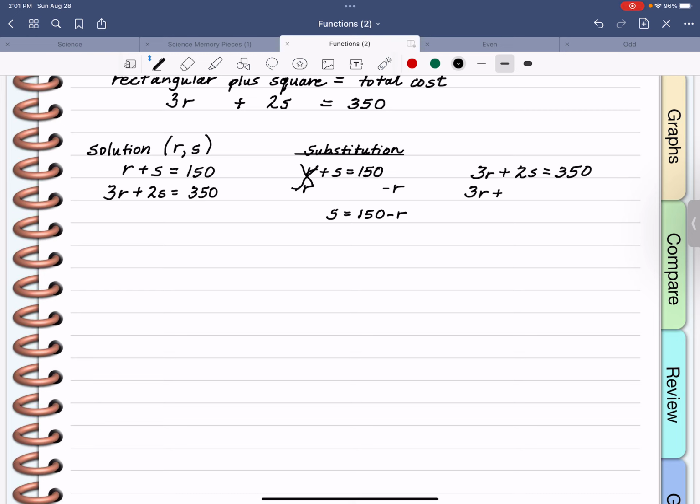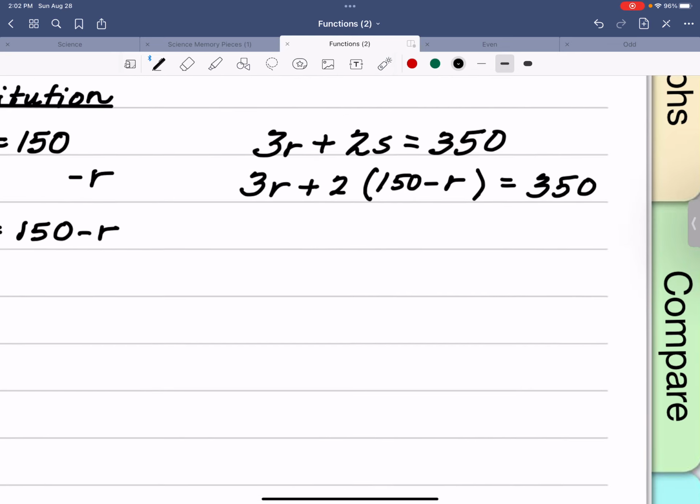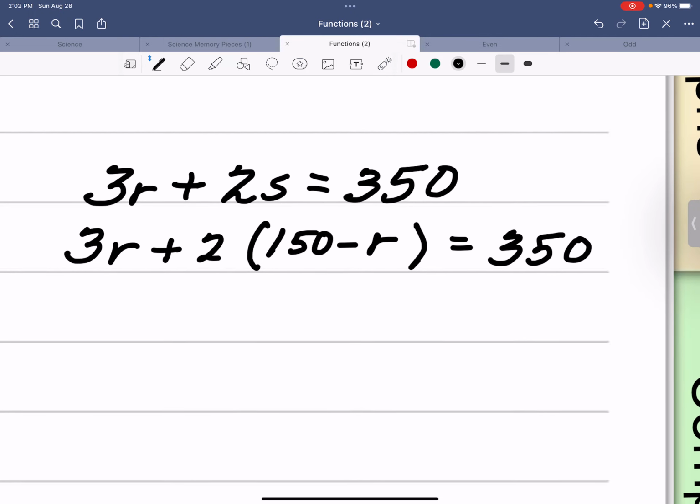So 3R plus 2S is 350. Now watch what I'm going to do with the laser pointer first. I'm going to bring this solution right into those parentheses. You do need parentheses because that is multiplying. So 150 minus R, and then we're ready to solve this one.